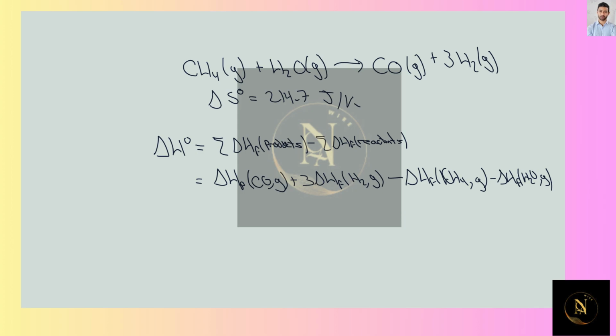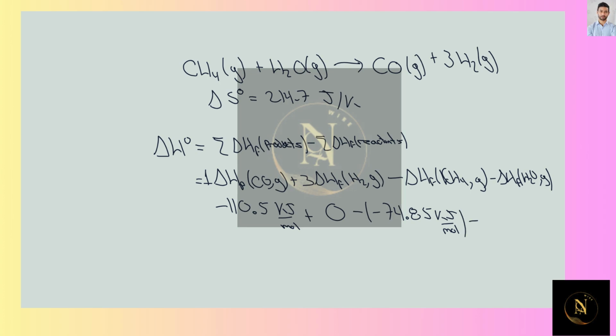So in the case of CO in the gas phase, the value is minus 110.5 kilojoules per mole. Remember that the mole is going to cancel out with the 1 mole that we had multiplied over here. Plus 3 times for hydrogen. In the case of hydrogen, this is equal to 0 because it's a substance in its standard state. Now the formation for CH4 is equal to minus 74.85, again kilojoules per mole.